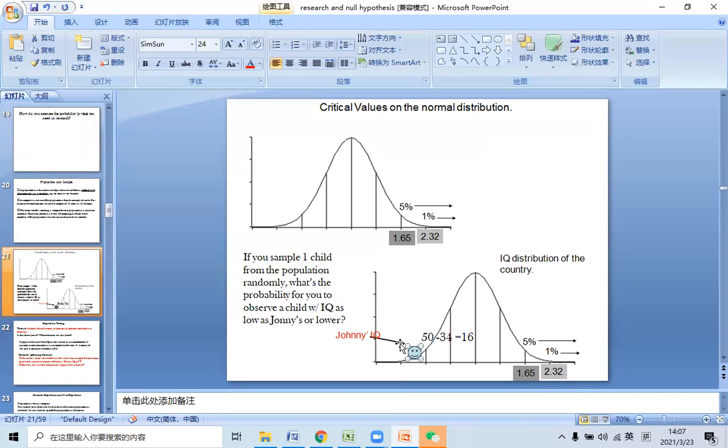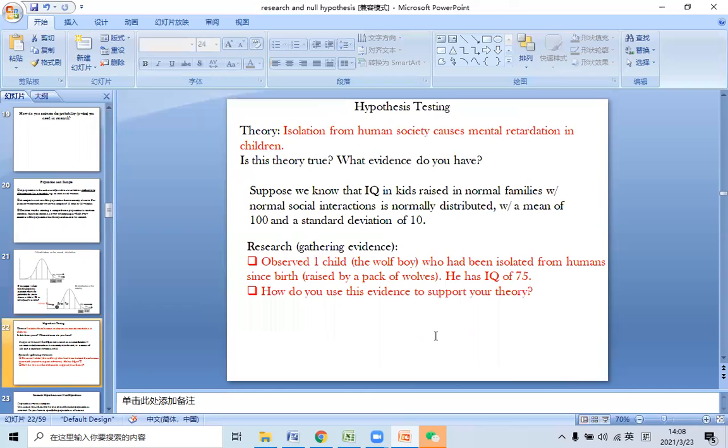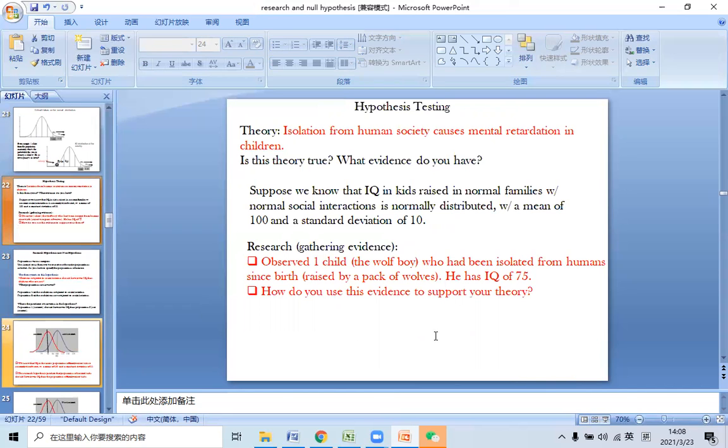Small probability is what we want. We want to show that if the null hypothesis is true, and there's really no difference between the two populations, then the probability of finding a score as low as the wolf boy's is unlikely. And then we reject the null hypothesis. Same logic as in the courtroom, to reject the innocent hypothesis.